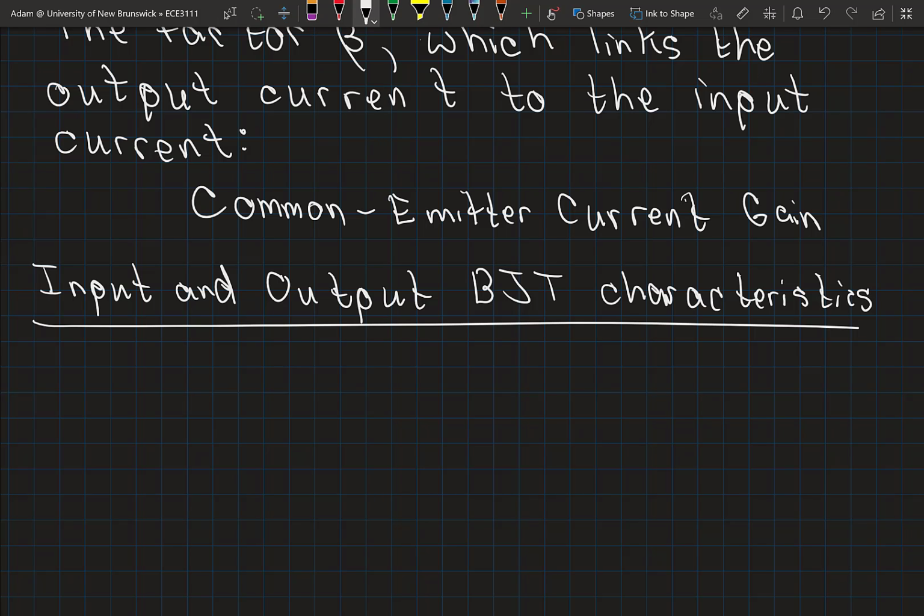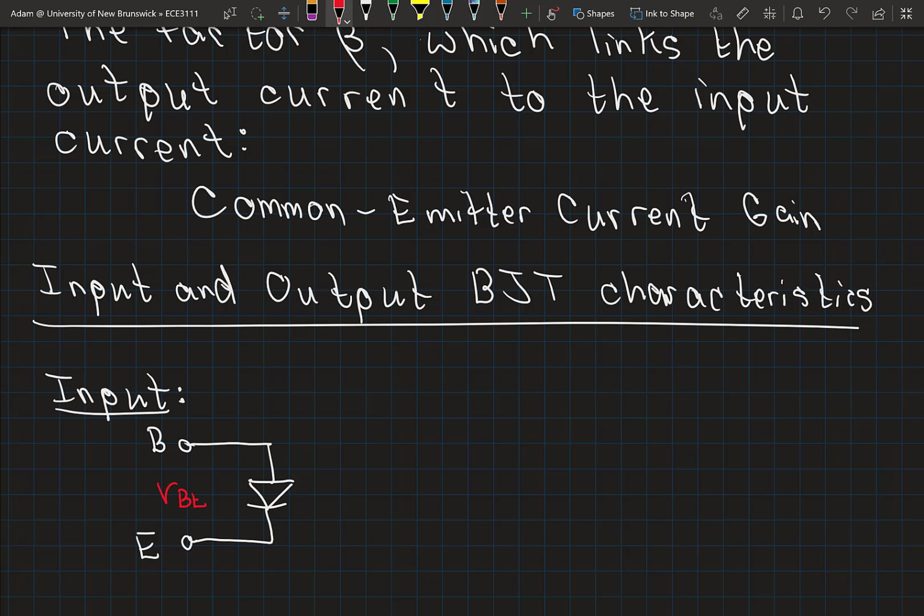If we focus initially just on the input circuit, the input circuit is just a diode, where the voltage across this diode is the base to emitter voltage, and the current through that diode is the base current.